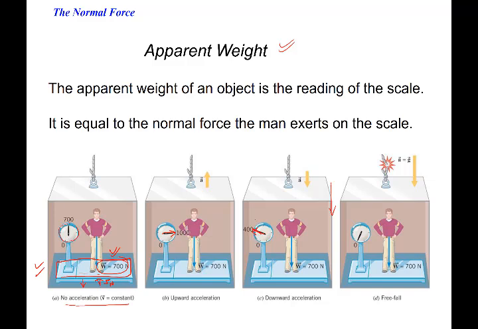We are going to talk about this problem in detail during the lab time: why it measures more while going up, why it measures less going down, and why there is weightlessness if the cable from the elevator is snapped. We'll show mathematically why the needle swings to zero, showing weightlessness.